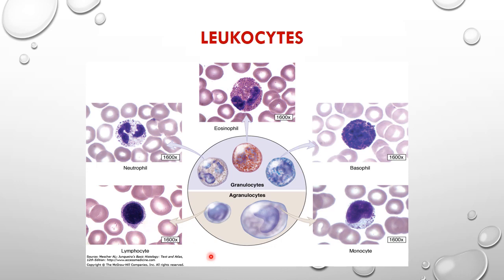So they are basically the wandering or migrating cells of the connective tissue. So in case of acute infections, you can have a lot of neutrophils in the connective tissue, but in case of chronic infections, you can have lymphocytes and granuloma formation.